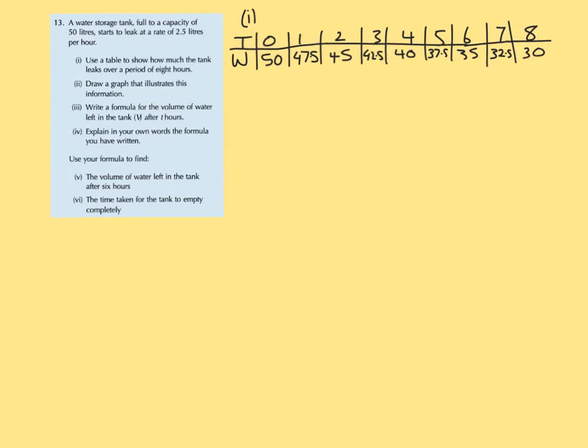So first of all, just going to go from over here, a little mistake there, so 1, 2, 3, 4, 5, 6, 7, 8. I'm actually going to go a little bit bigger, 9, 10, 11, 12, 13, 14, 15, 16. We might as well make a good big graph.